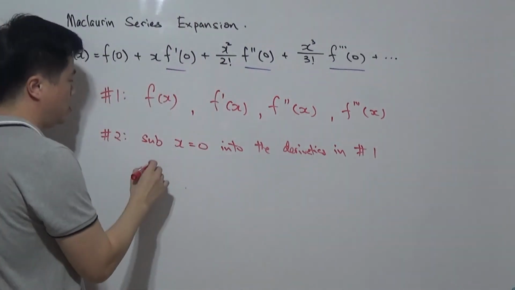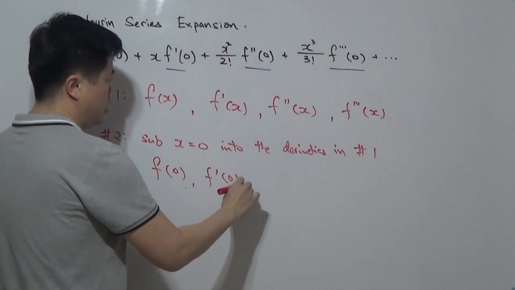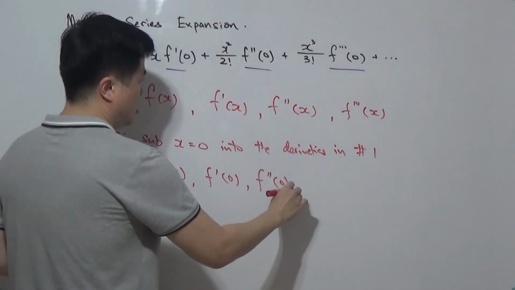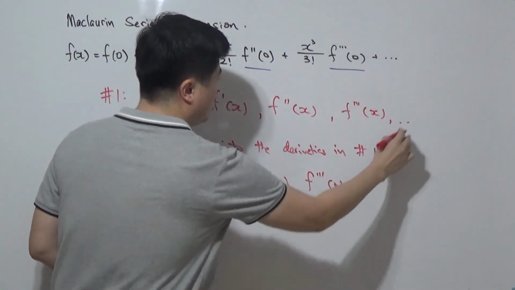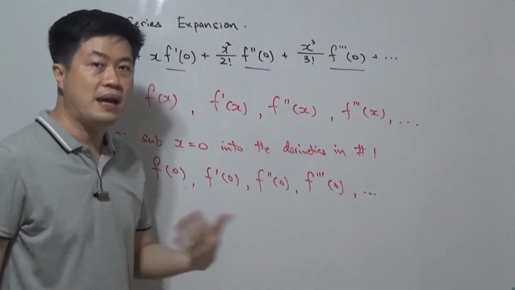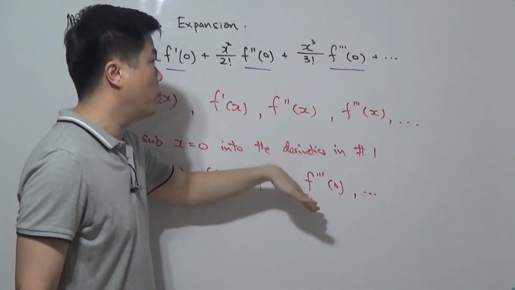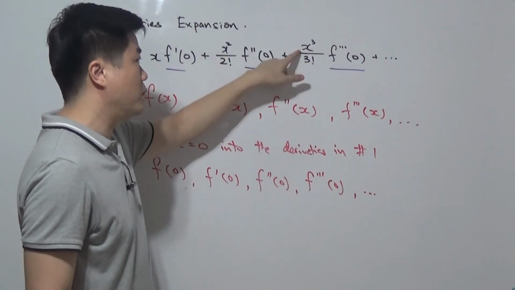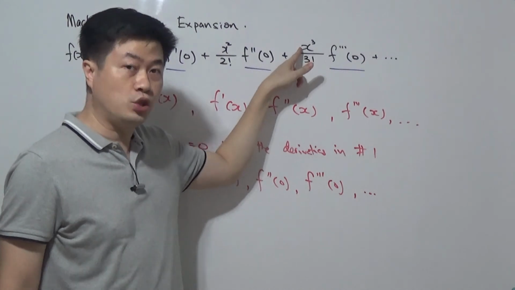That means you're going to obtain f(0), f prime 0, f double prime 0, f triple prime 0. I'm going to put a dot dot dot just to let you know that you can continue or omit some of the terms depending on what the question was. I'm following a case whereby we wanted to include the term up to x cubed.